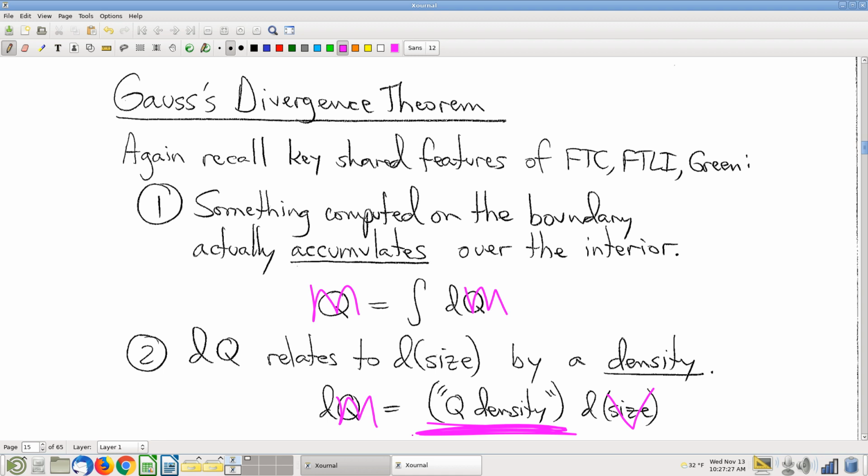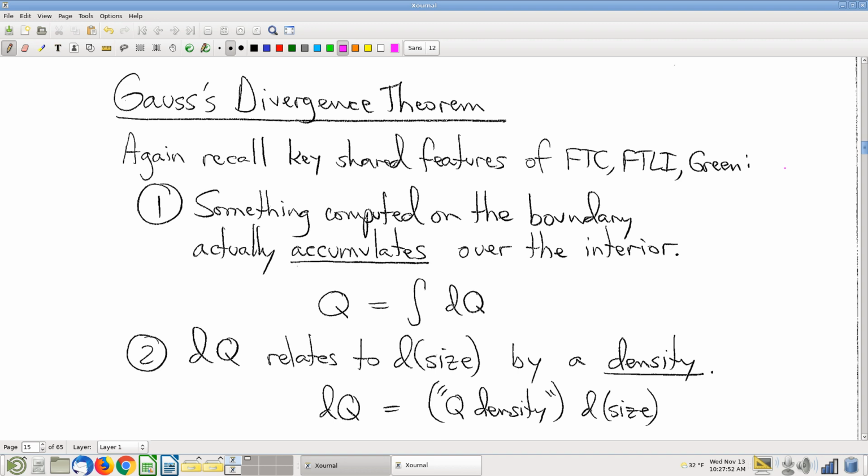If you're looking at an accumulation of mass, the integrand is mass density. Well, likewise, when you're looking at change, density. And with Green's theorem, when you're looking at circulation, density. So there's an associated notion of density. Okay, so these are the big two ideas.